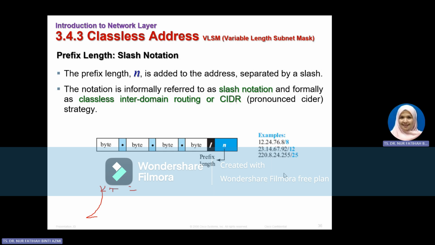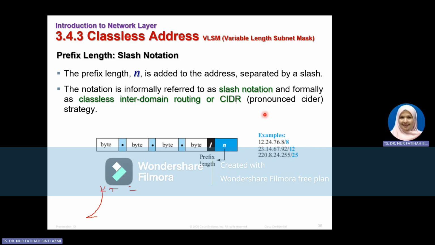So 2 to the power of 7 is 128 in total, and we need to minus 2, and then we will have 126 usable IPs. This is perfect for a VLAN, a small office or department.